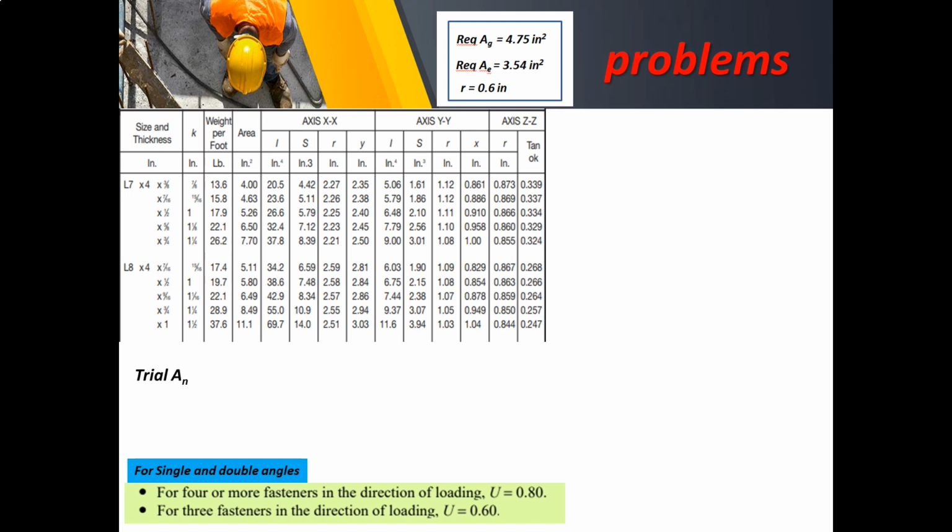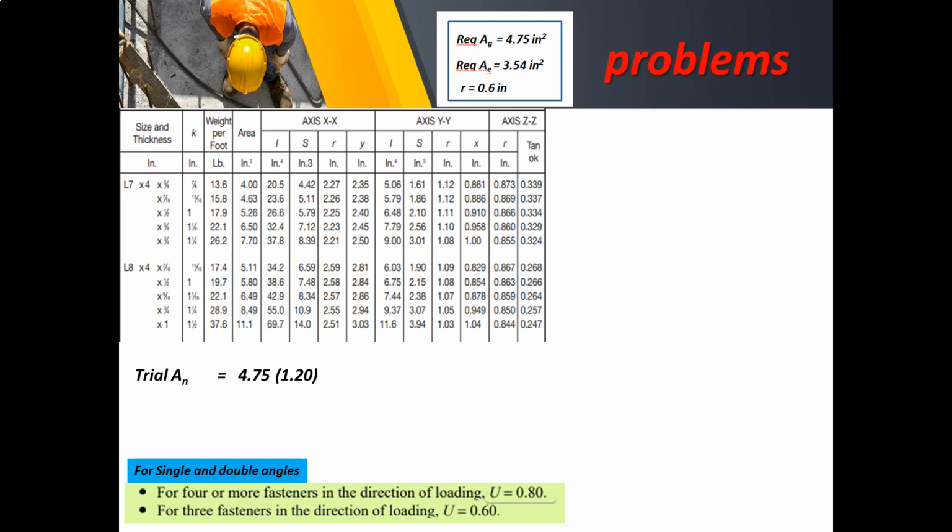So we'll be having a trial area net, the gross area requirement is 4.75. Now, because of 0.8 reduction, we tend to increase it by 20% or 1.2.